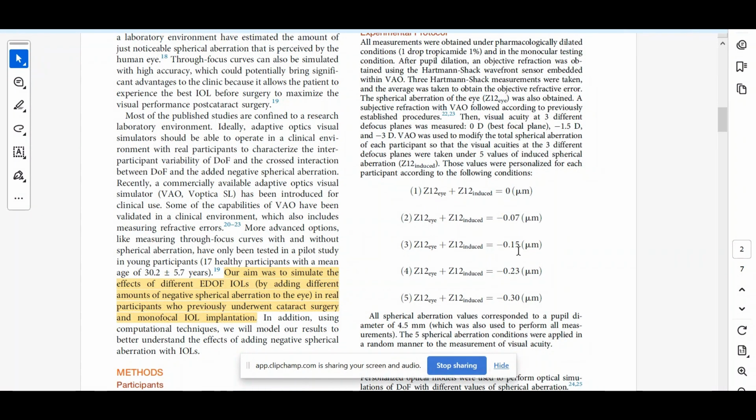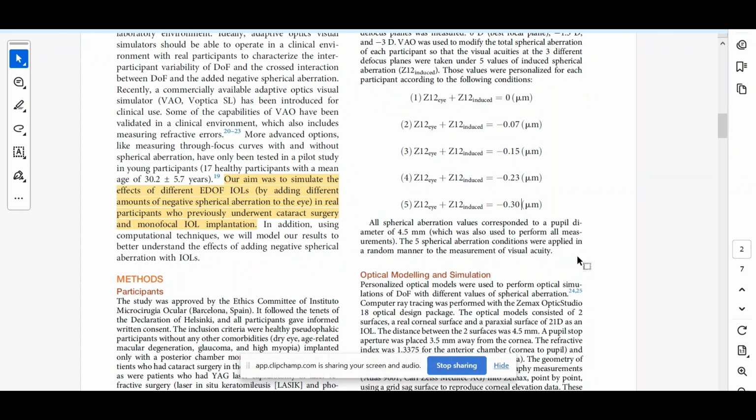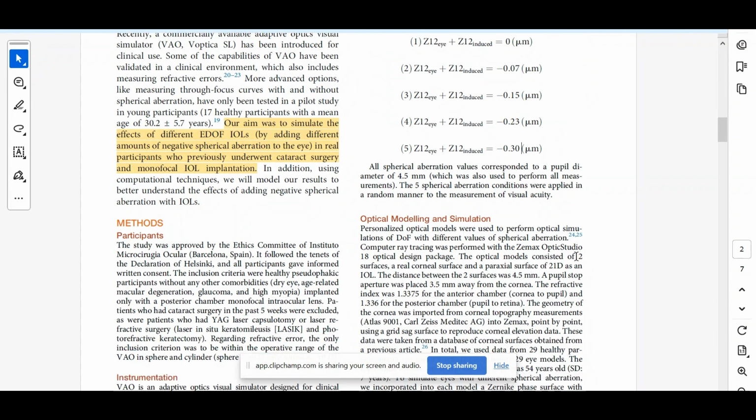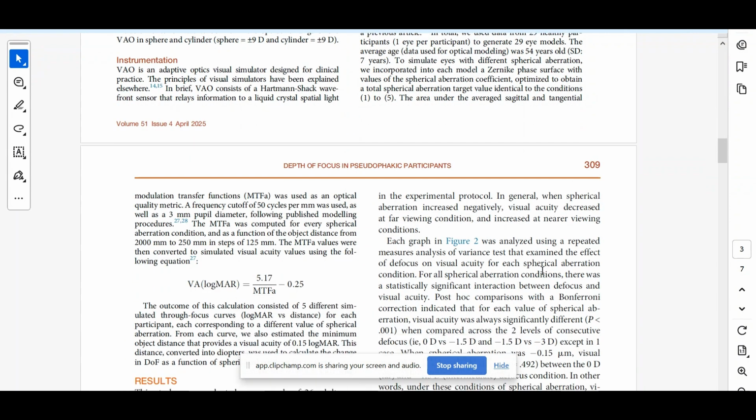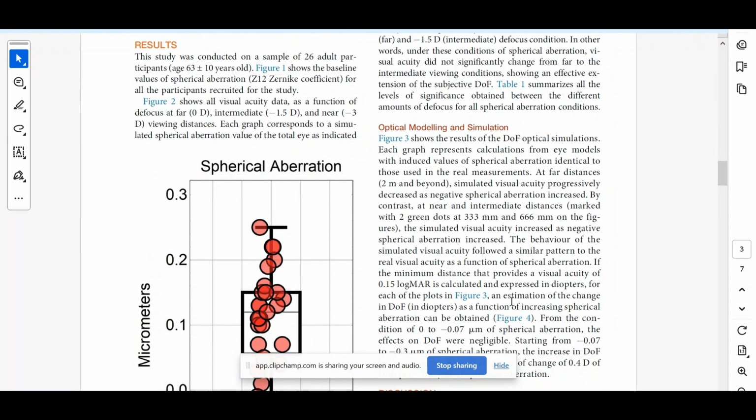The third group, minus 0.15, again negative spherical aberration. The fourth group, a negative spherical aberration of minus 0.23, and the last group was induced with a negative spherical aberration of minus 0.30, and they wanted to study the depth of focus and the relationship with the image quality, right? And this table is quite interesting.